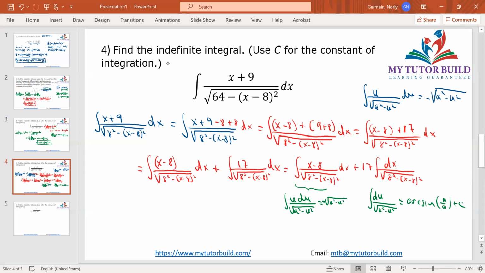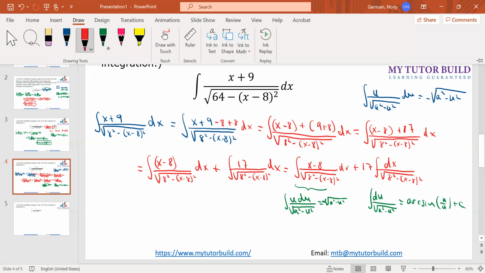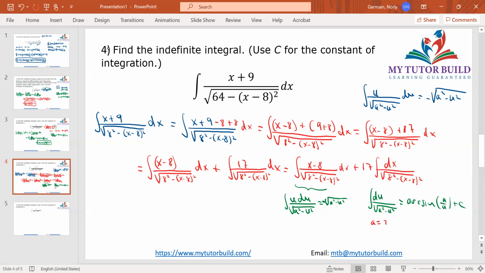Now, all we need to do is to show that we have a square. As you know, a is 3, u is x minus 8, so du is simply equal to dx.